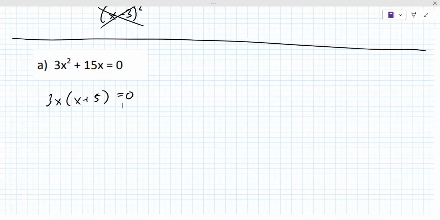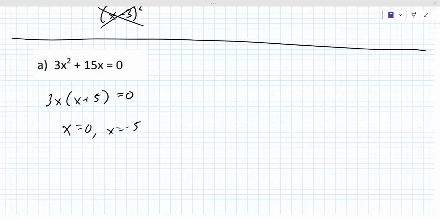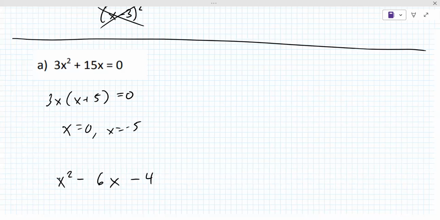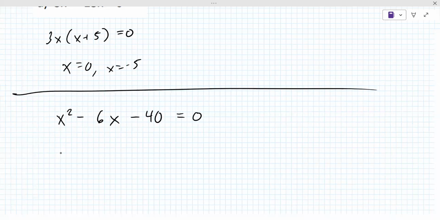All right, so a much more difficult one here. So you got that x is 0, x is negative 5. All right, x squared minus 6x minus 40 equals 0. There's no common GCF, so let's find numbers that multiply to negative 40 and add to negative 6.